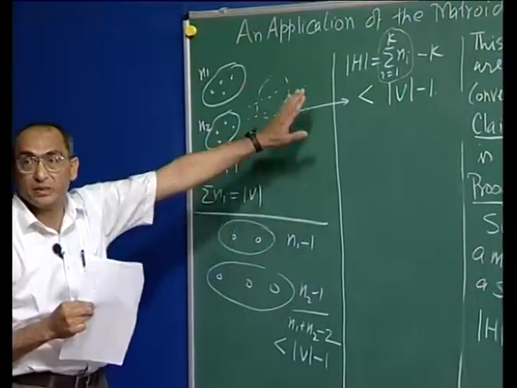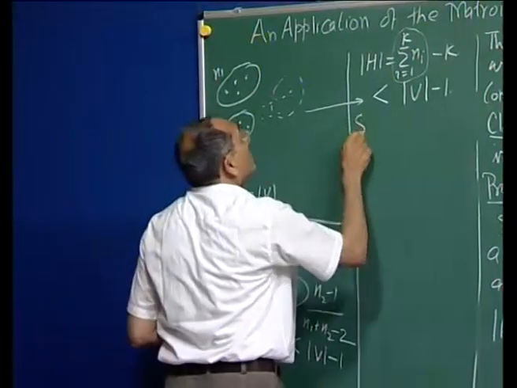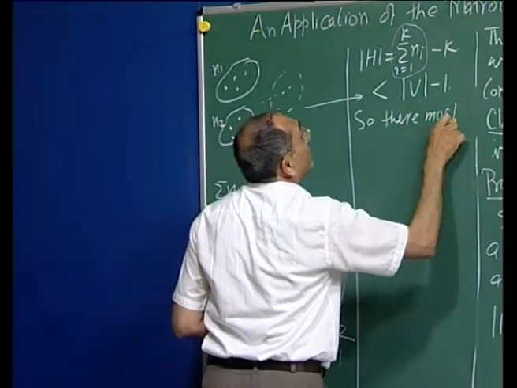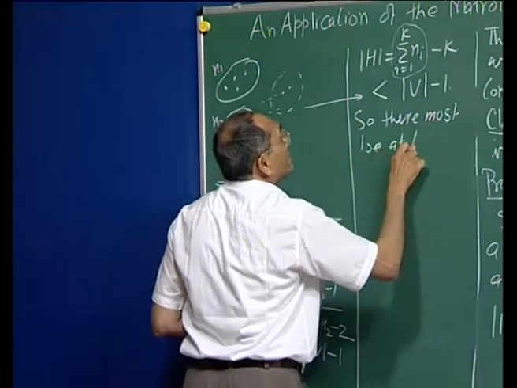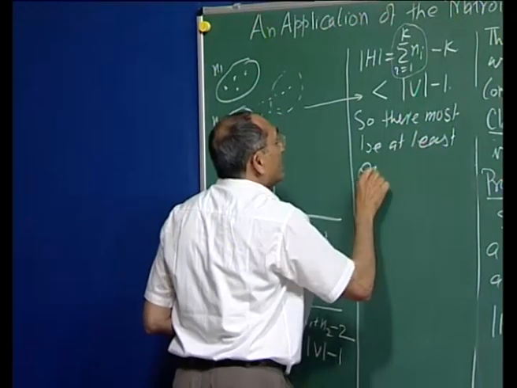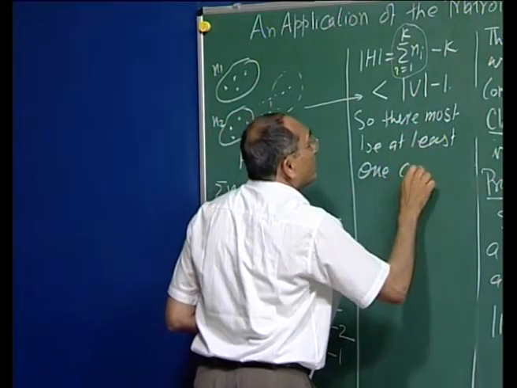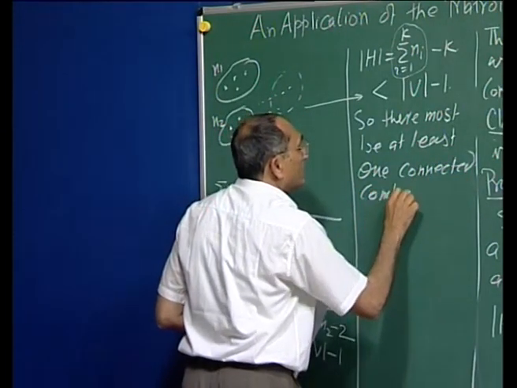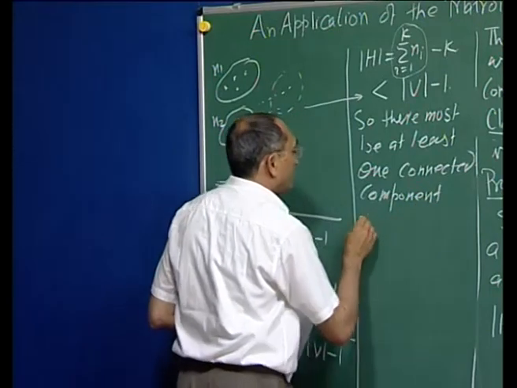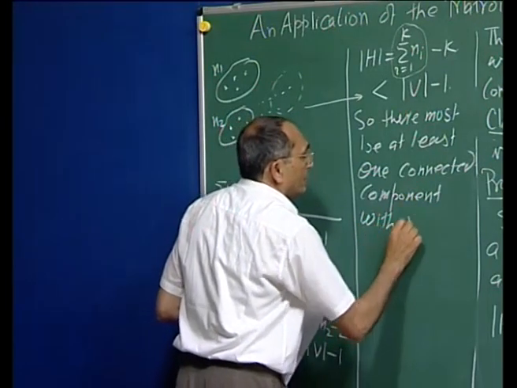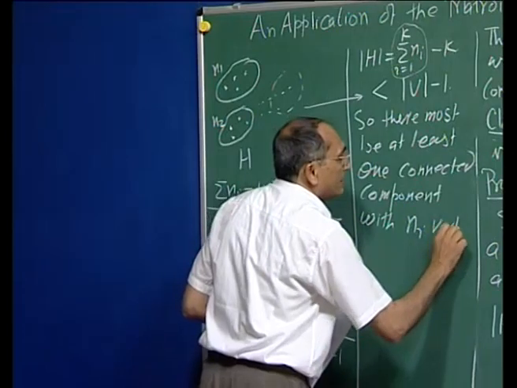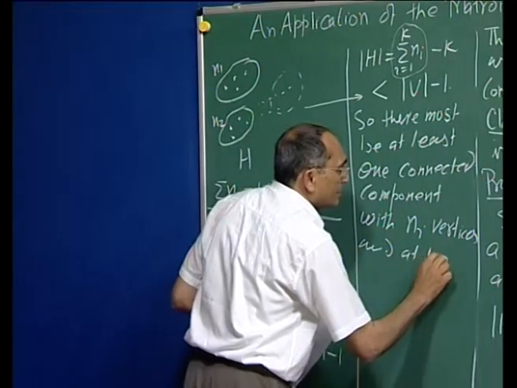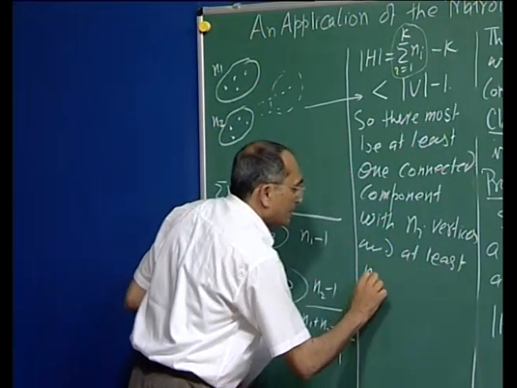Hence this is not possible, and so there must be at least one connected component with ni vertices and at least ni edges.